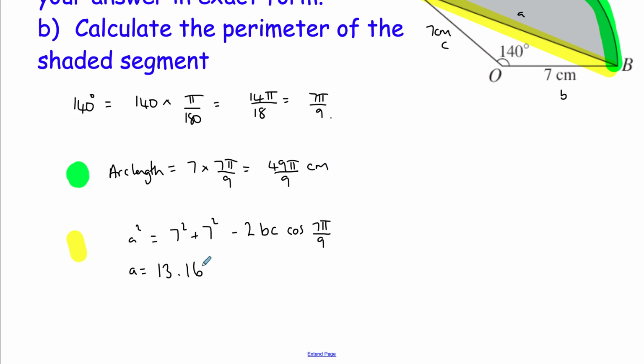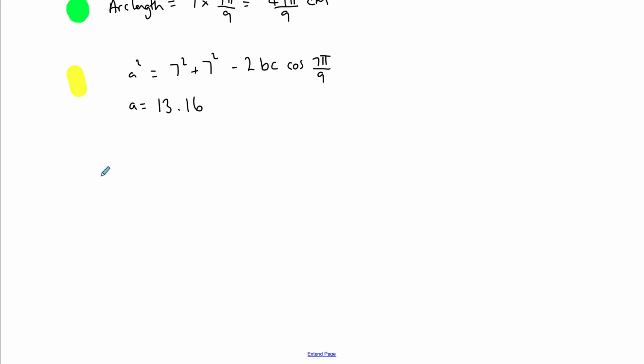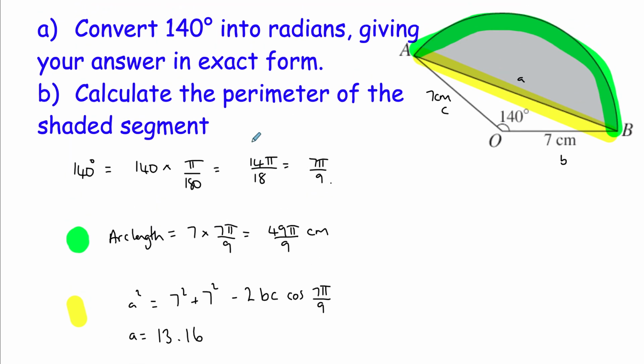We need to then add these two lengths together to get the full perimeter, and that's coming out at 30.3. So that's an example of needing the cosine rule to help us with perimeter.